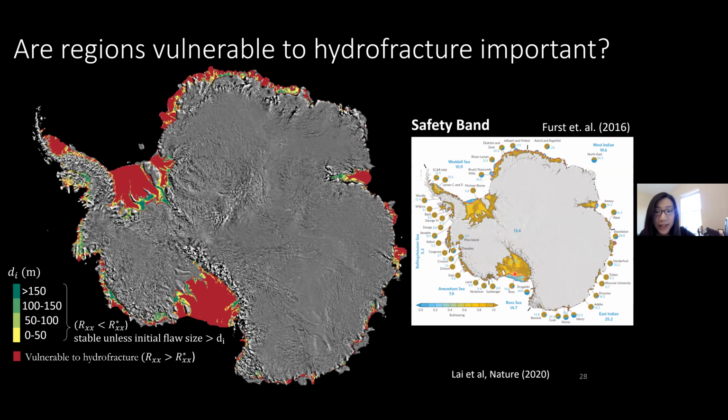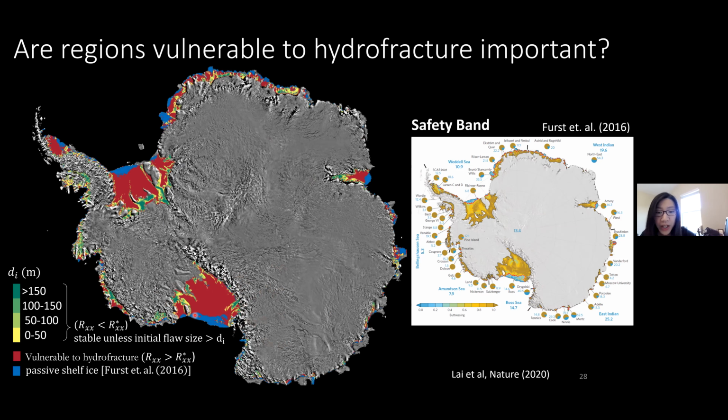However, the collapse of just the blue regime does not impact the flowing ice sheet. So here we compare our vulnerability map with that result, where the blue area denotes the passive ice shelf ice that does not impact the ice sheet if collapsed. And we find that the majority of the red area is beyond the unimportant blue regimes.